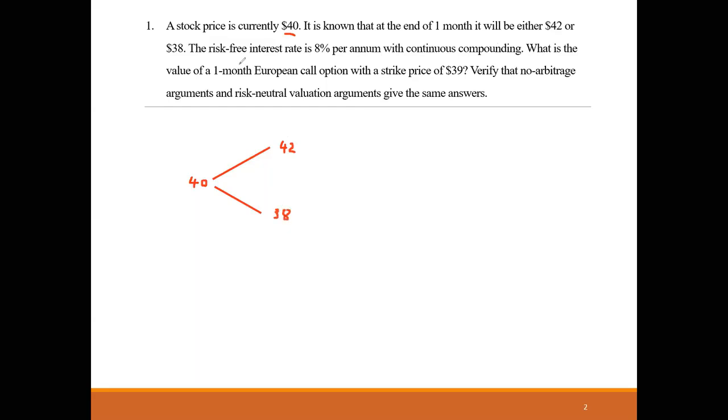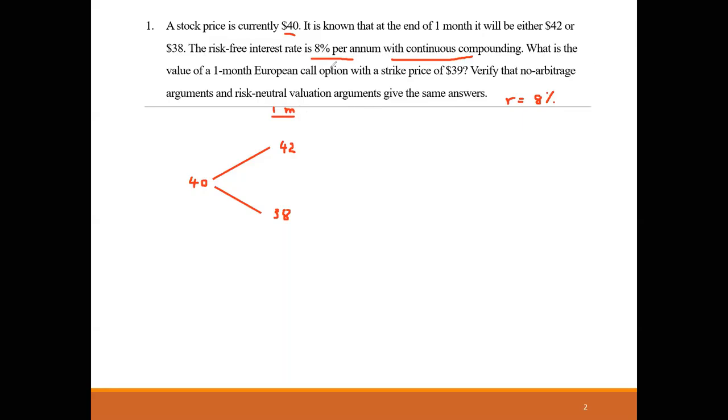And it says the risk-free interest rate is 8% per annum with continuous compounding. So here we will be using continuous compounding, and the risk-free rate is 8% per annum. And this is the price after 1 month, right?